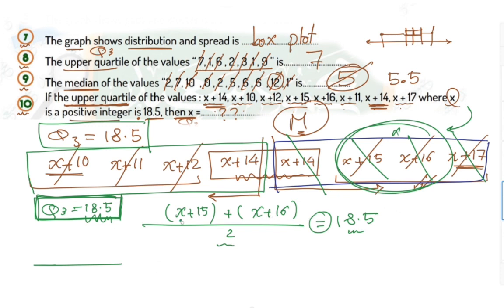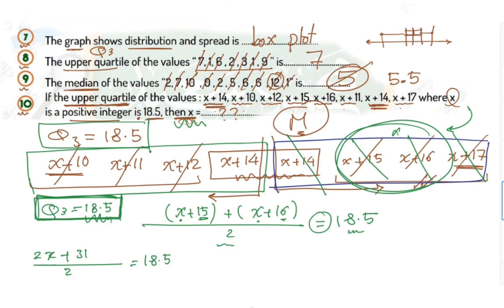Can you add x to x? Yes, 2x plus 15 and 16, 31. Divided by 2 equals 18.5. You need to find the value of x, so I need to find just x at the left side.